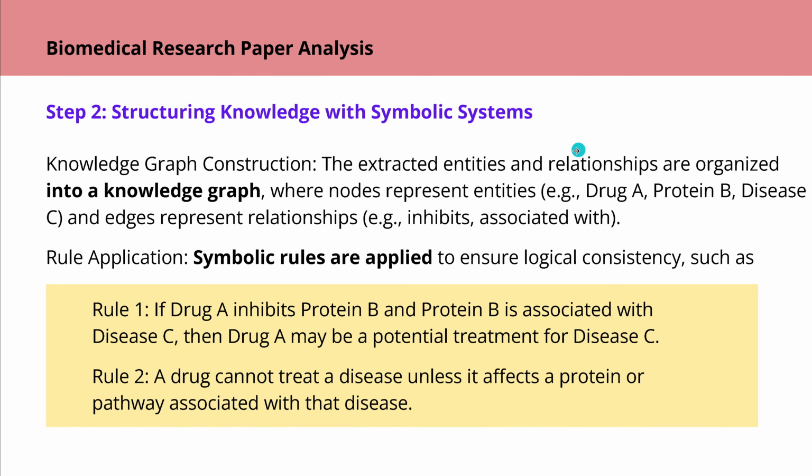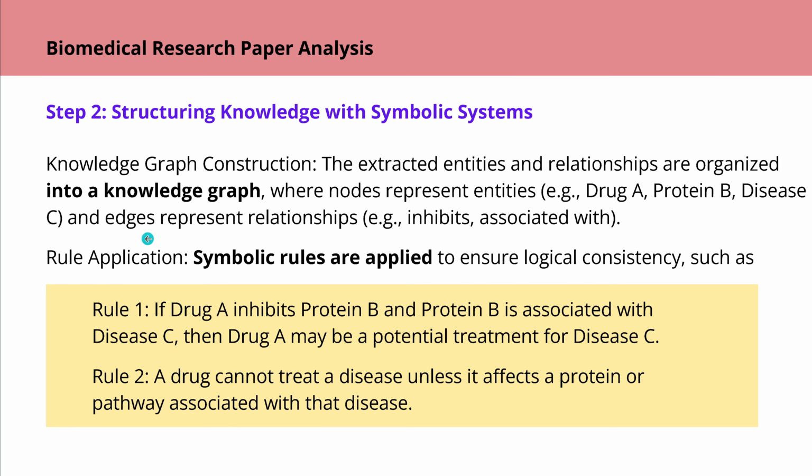Step 2 is knowledge graph construction. Those entities extracted by our LLM, and the relationships between them, are now brought into a new knowledge graph where, simple idea, the nodes represent entities, the protein, the disease, and the edges represent relationships between them, inhibits, associated with, all the attributes that we have in biotech.